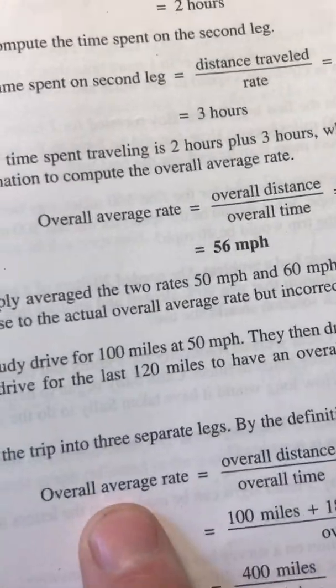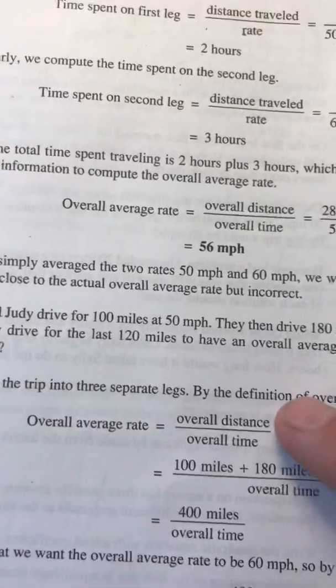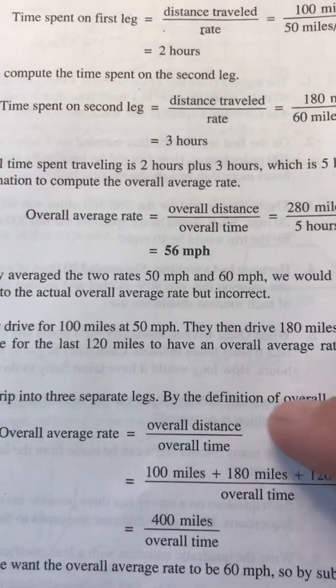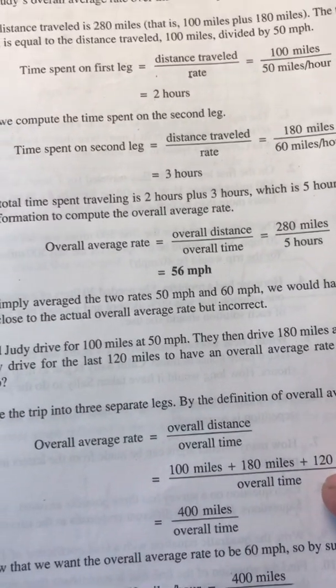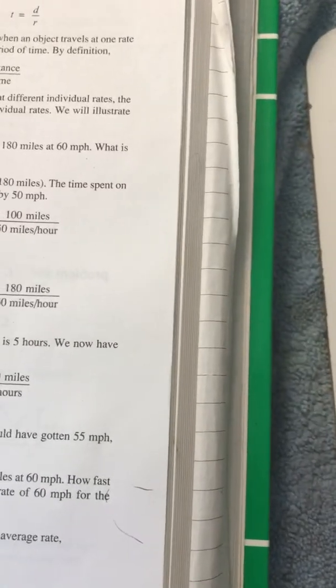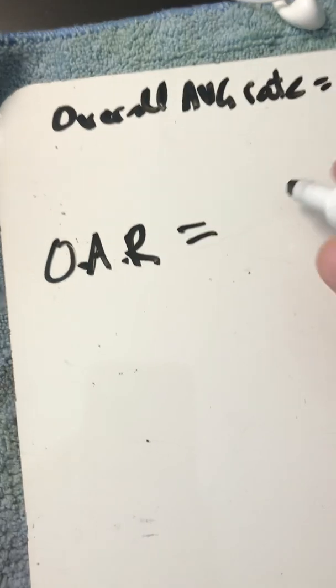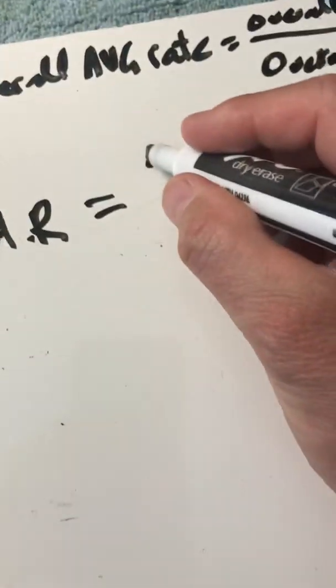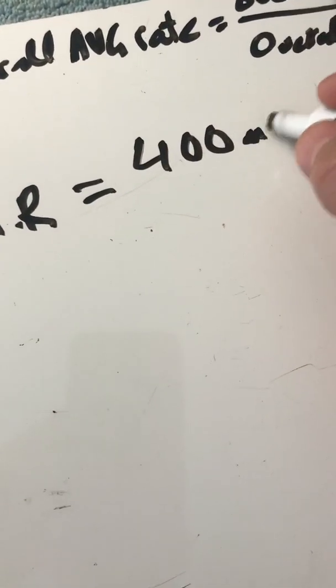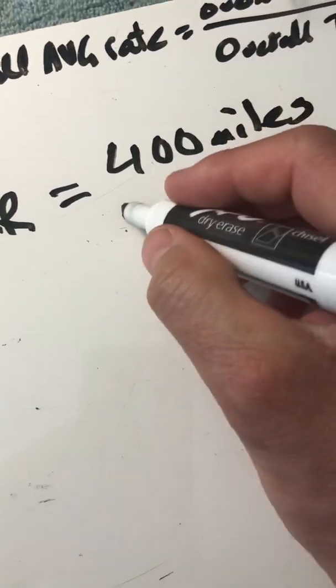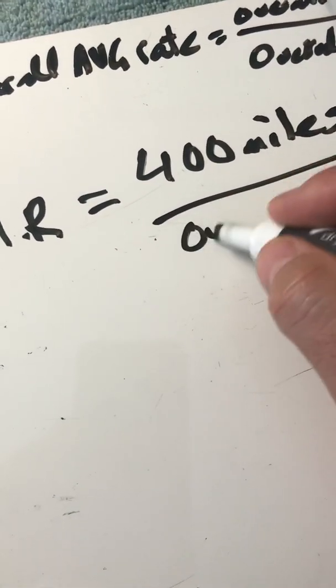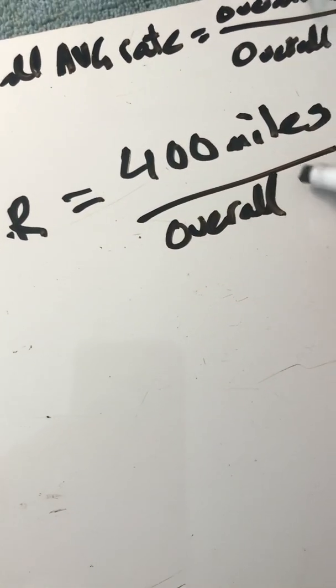We're trying to figure out the overall average rate. It's the overall distance, which is 400 miles, over overall time. So the overall average rate is the overall distance, which we know is 400 miles, divided by overall time.